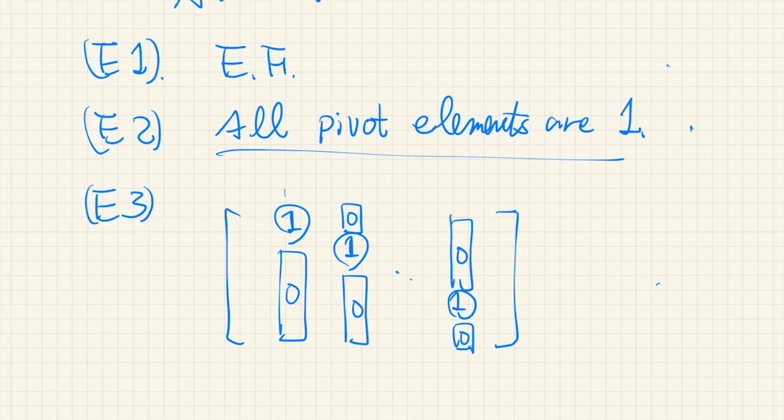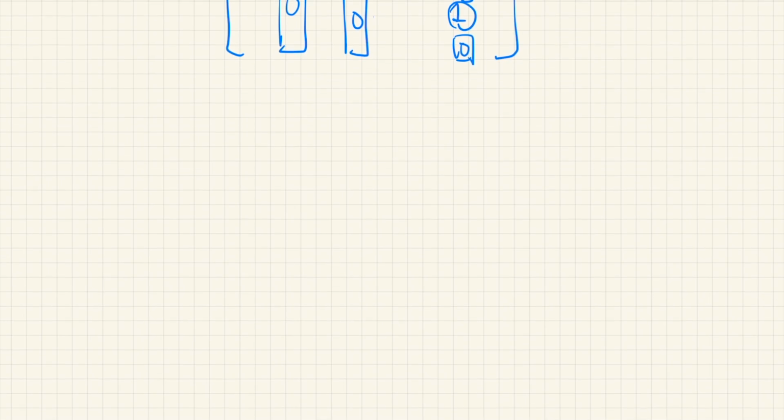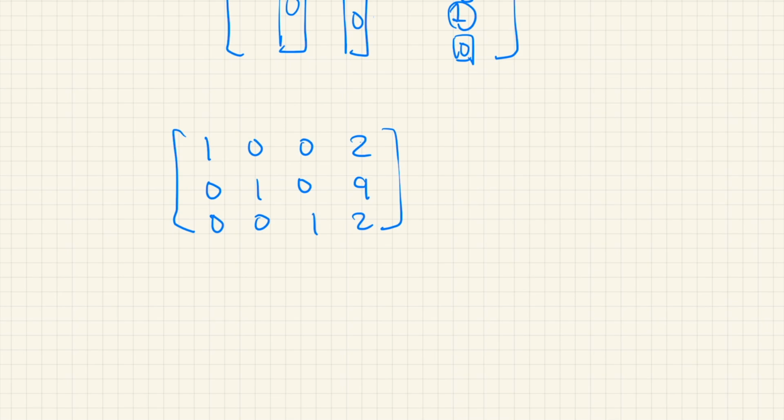I already explained in the beginning of this video that the matrix we obtained by solving a system of linear equations, 0, 1, 0, 9, 0, 0, 1, 2, was obtained from application of elementary row operations to an augmented matrix.